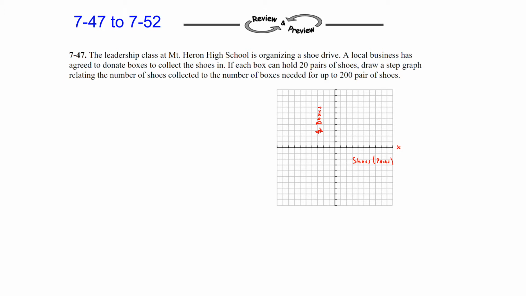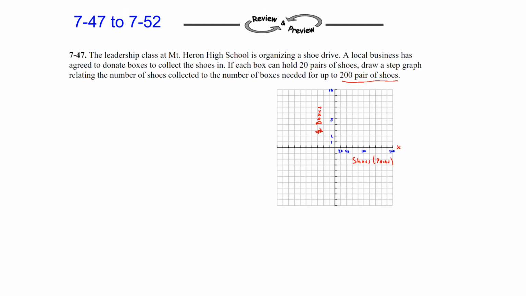The number of pairs of shoes has to go up to 200. So we'll figure that out here in a second. And then the number of boxes, if there's 20 pairs in a box, so it looks like we'll need to go up to at least 10 to show that. So let's go ahead and label those.